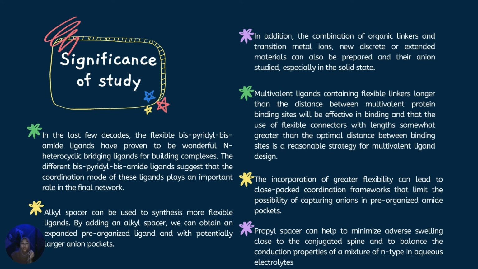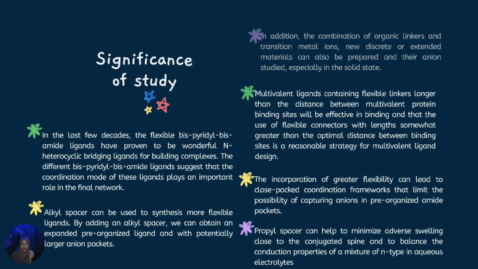The incorporation of greater flexibility leads to close-packed coordination frameworks that limit the possibility of capturing an ion in the pre-organized amide pocket. In this research, propyl is used as a spacer because it can help to minimize adverse swelling close to the conjugated spin and to balance the conduction properties of a mixture of N-type in aqueous electrolytes.